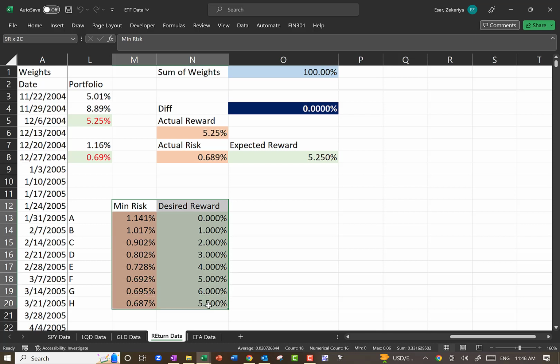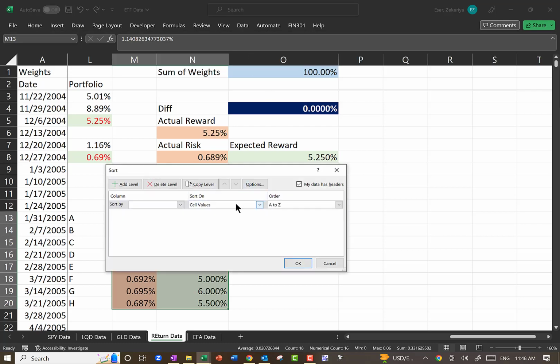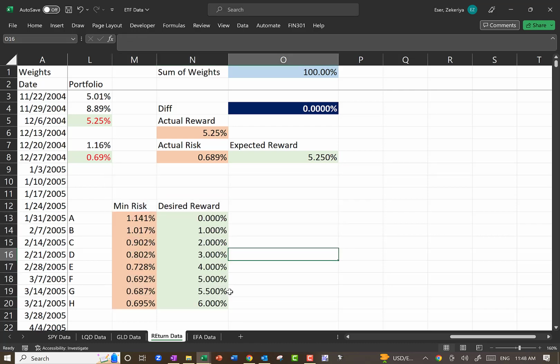Oh, let me sort this first. Yeah, that's also the data. I want to sort based on desired reward. Yeah, we've already done this.